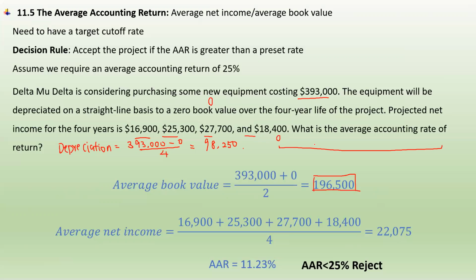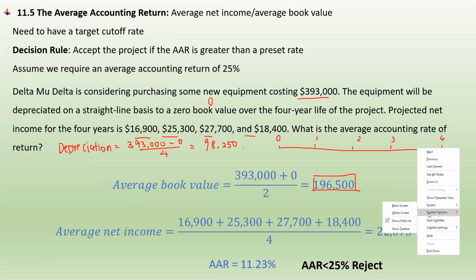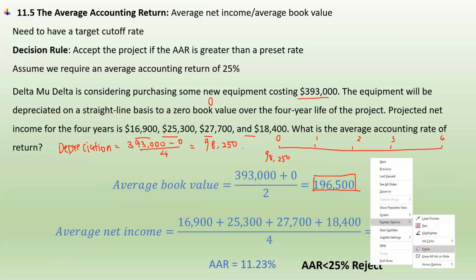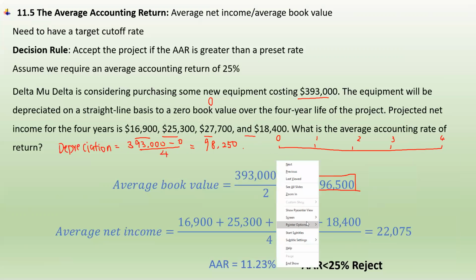So today this is 0, 1, 2, 3, 4. The book value at t equal to 0, the book value of this asset, is 393,000.